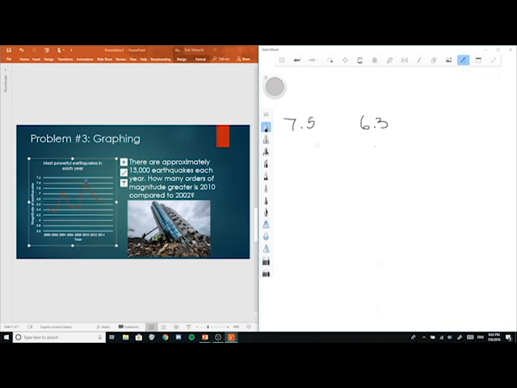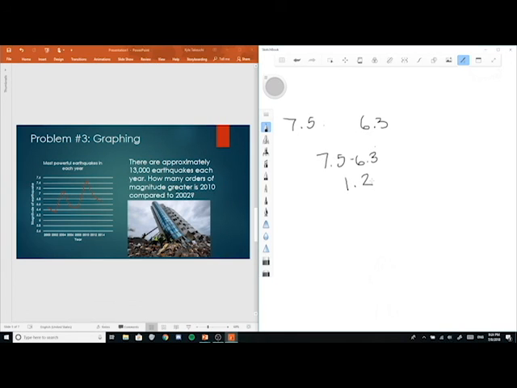When the question asks how many orders of magnitude greater, that basically means the difference between the two magnitudes that you're comparing. So it's basically 7.5 minus 6.3, and when you solve that, it should be 1.2.